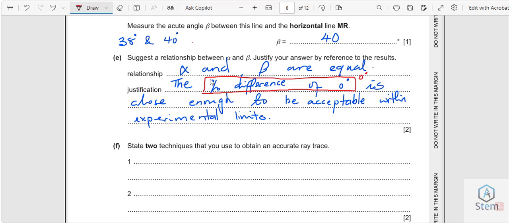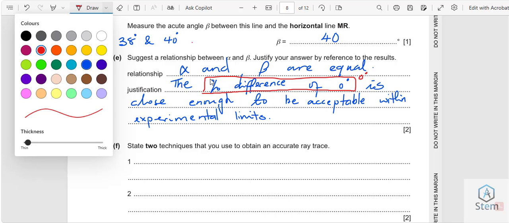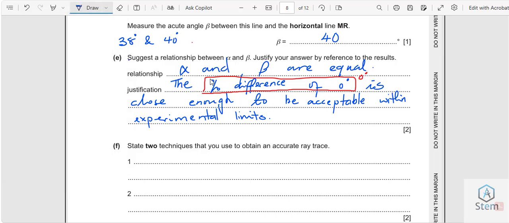So you may say the difference between alpha and beta of 0 degrees is close enough to be acceptable within experimental limits. Either way, this is how you justify your results. You must use the results to justify the relationship or the statements which you are making.